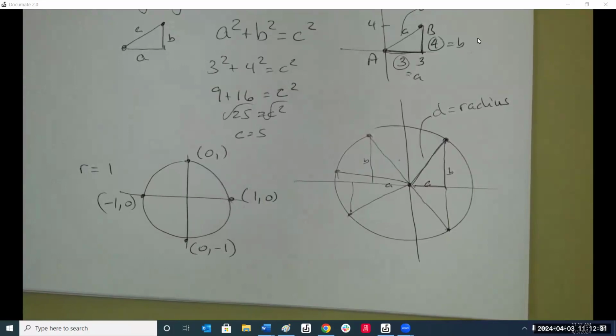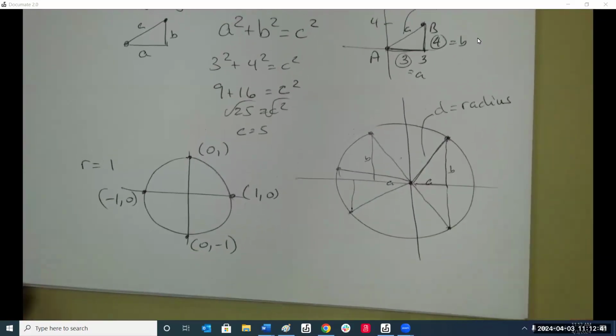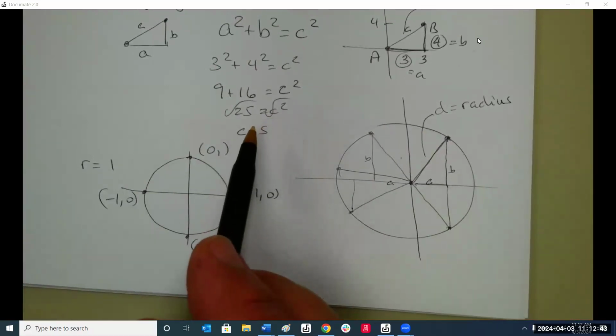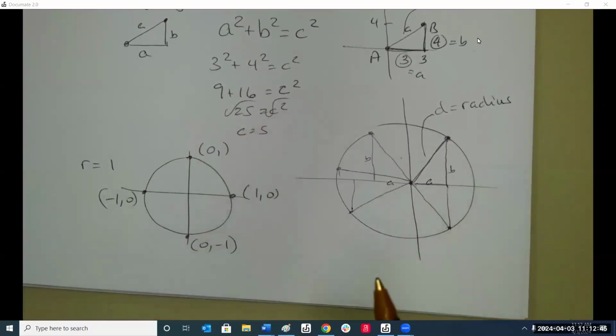Everything in trigonometry now starts off with this. And we're going to use the Pythagorean theorem to find values along the line, along this curve.